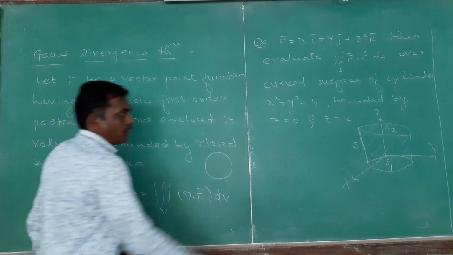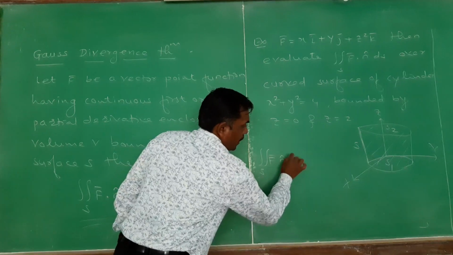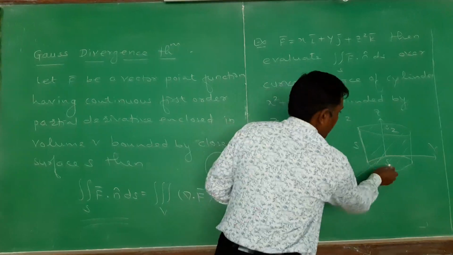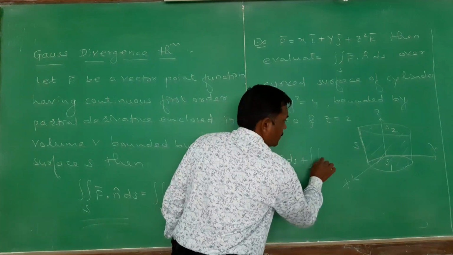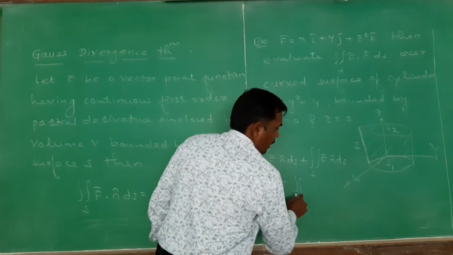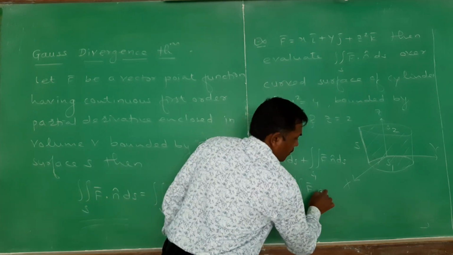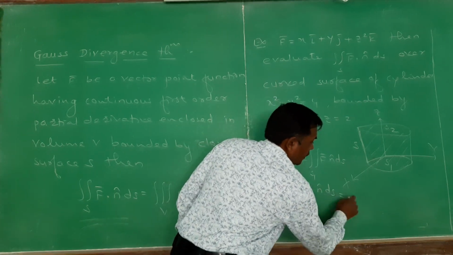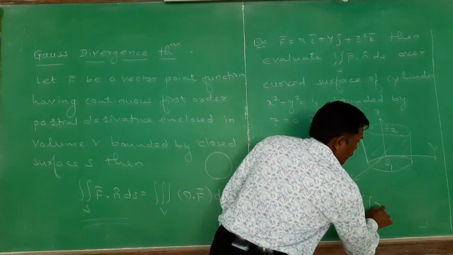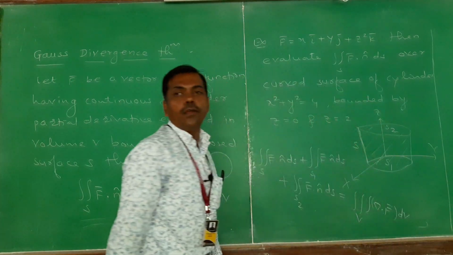So double integral over S f bar dot n cap ds plus double integral over S1 plus double integral over S2 f bar dot n cap ds, these three surfaces, is equal to triple integration over V del dot f bar dv.